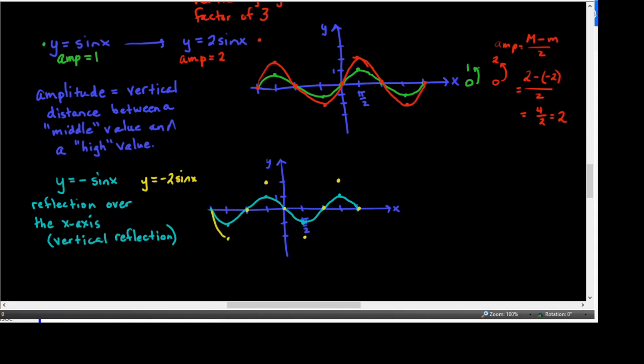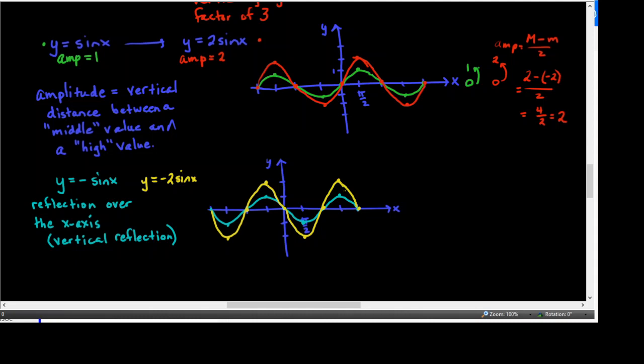And so this has done two things. It's reflected the original green graph up there over the x-axis. It's reflected it vertically, but it's also stretched it vertically. So with this one number, -2, the negative has one effect, makes it reflect. The 2 has a different effect. That makes it stretch. So the -2 does two things.